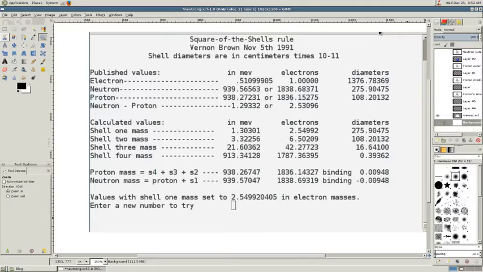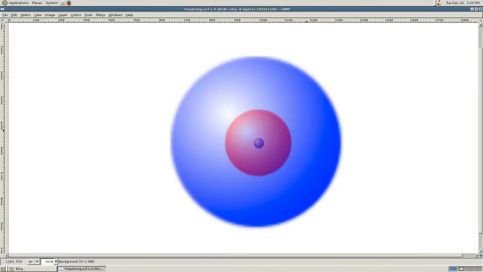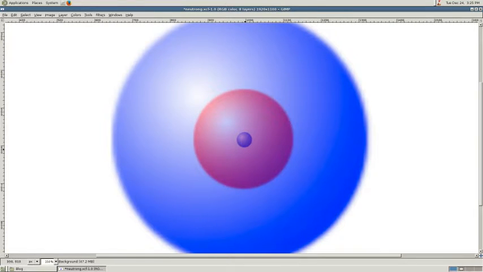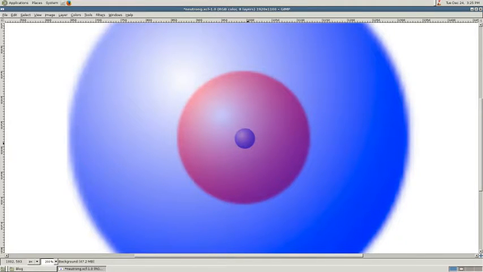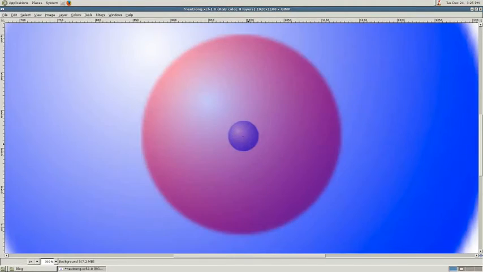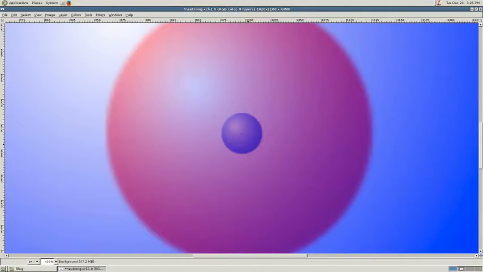The square of the shells rule allows us to construct a neutron model on screen. The shells are shown to scale based upon the square of the shell calculations. Negative charge is depicted in blue, and the neutron's outer shell is negatively charged on its outer circumference and positively charged on the inner circumference of the shell.